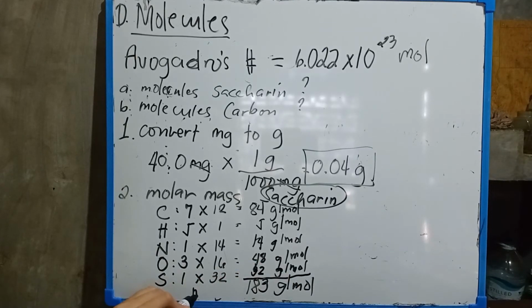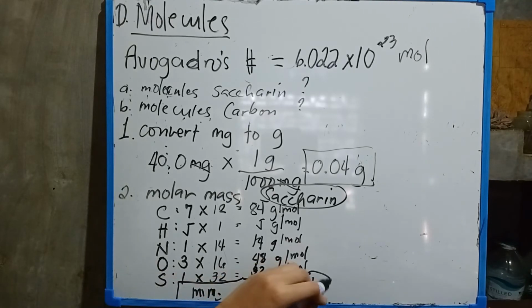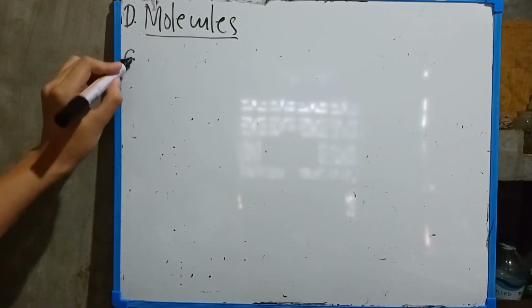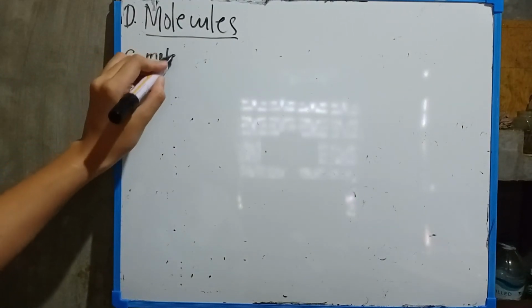So we have now the molar mass of our compound. Since we have our molar mass, we can now solve for the molecules of the compound and the molecules of the carbon. So for step C, we can now solve for the molecules of saccharin.